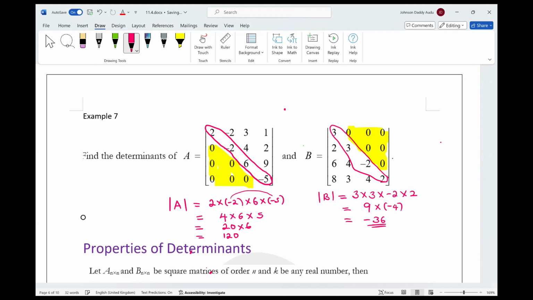Okay, so this is how to find the determinant of a triangular form. You don't need to worry. Just multiply the elements in the main diagonal. But this only works if it's a triangular matrix. For example, if you have maybe another element here, maybe 2, then you cannot use this.